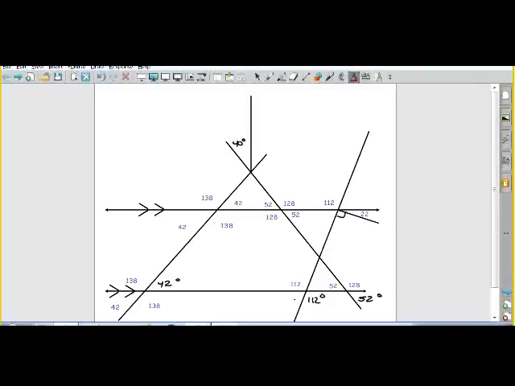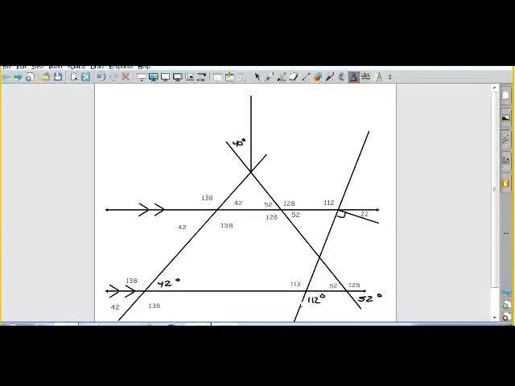So this angle plus that angle is equal to, are they equal to each other? I'll give you a true false question. Is this angle equal to that angle? Well, this one's big and this one's small, so false, okay. So they're not equal to each other.